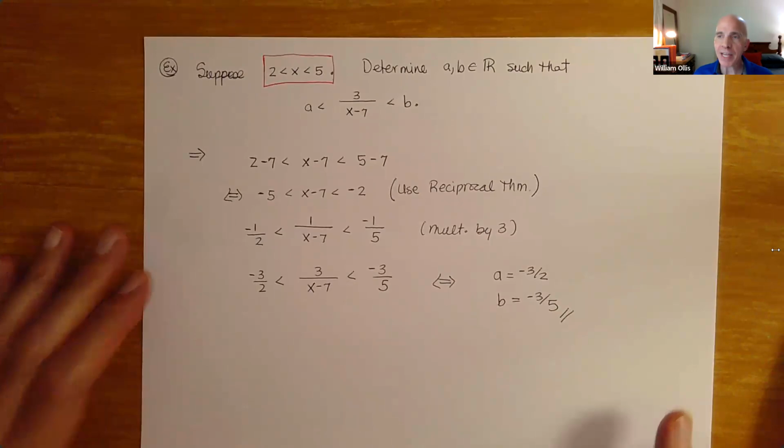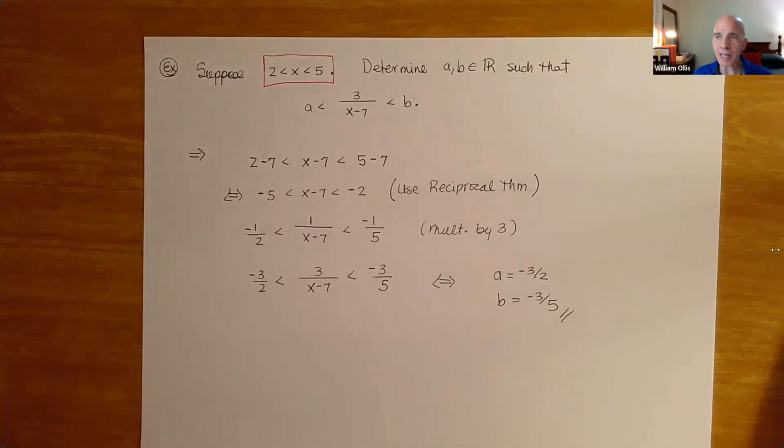So again, think about these examples just like doing equations. All of those properties that we use are still valid. However, we just have to make a few adjustments. If you reciprocate an equality, you just reciprocate it. There's nothing to flip, okay? Works very nicely.